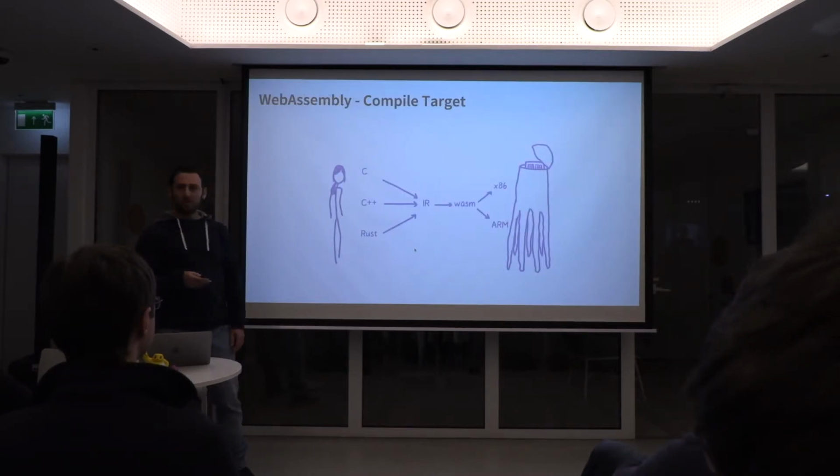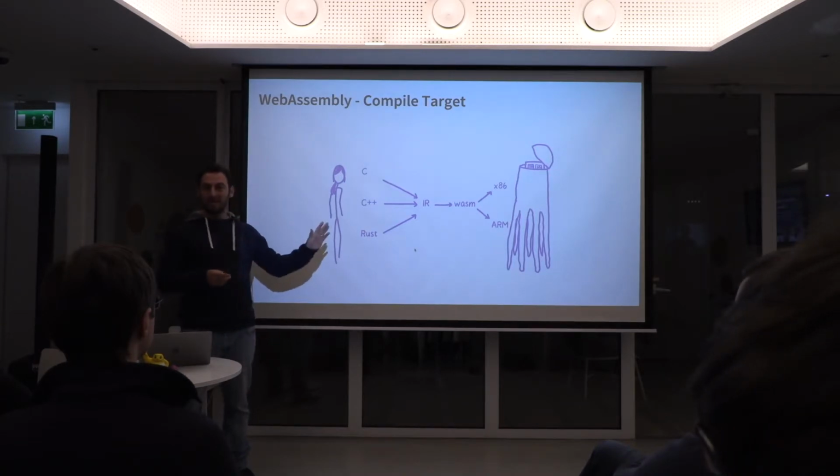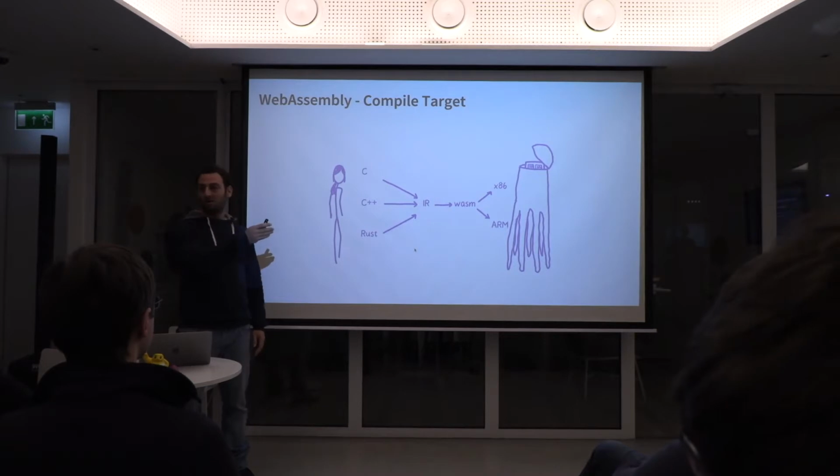In WebAssembly, we do almost the same, but not the same. We don't go as far as the specific architecture of the machine, but we stop in the virtual instruction, which all the browsers can support, and do the final hop to compile it to their own architecture.